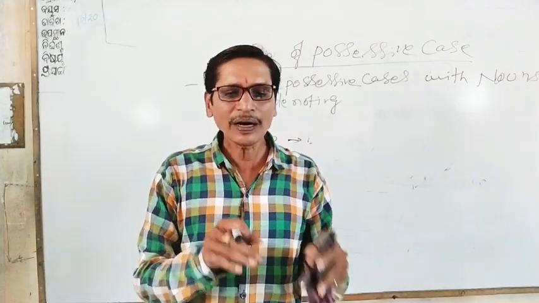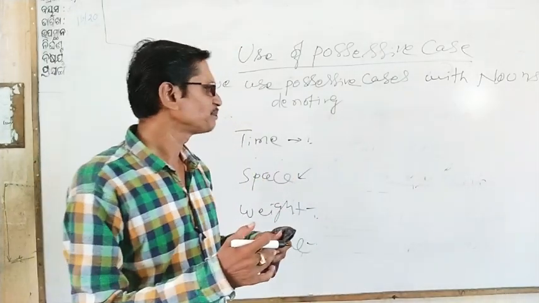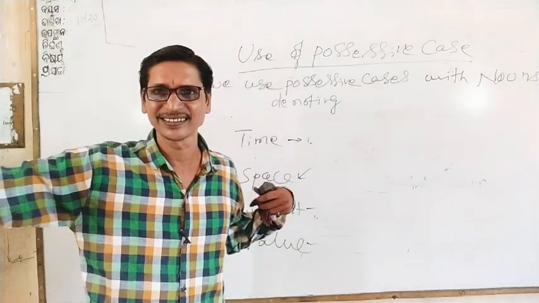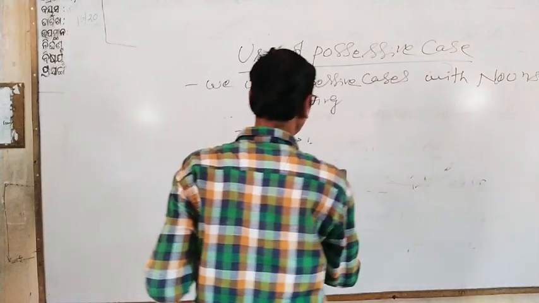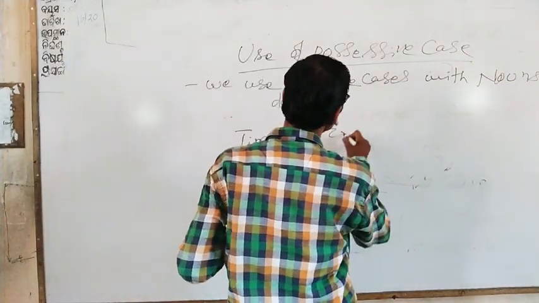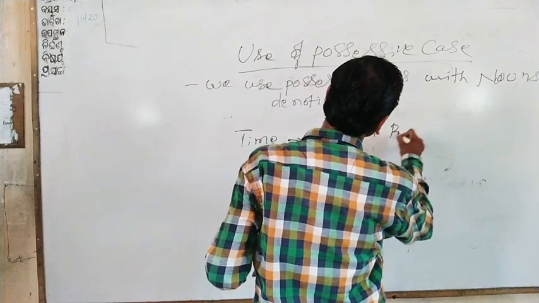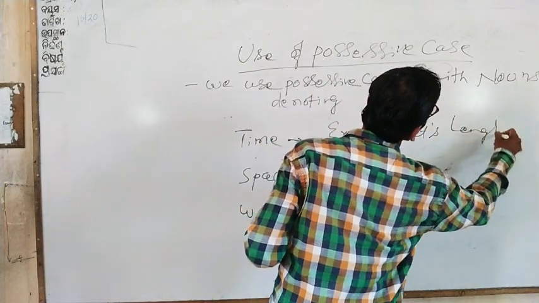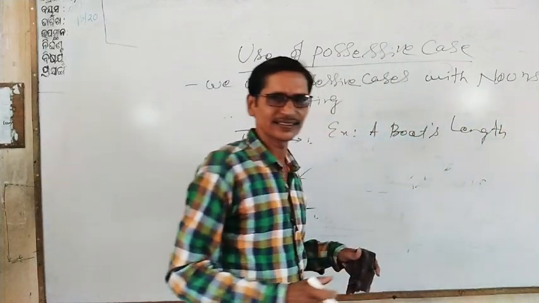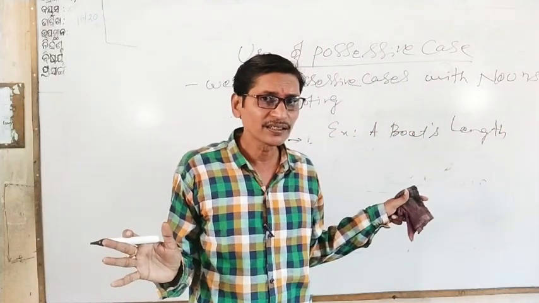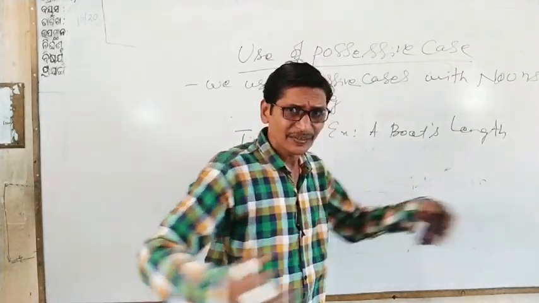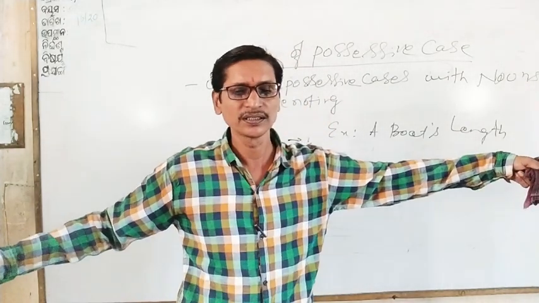Suppose we are talking about a length, for example, a boat's length. Boat's length. That means we are comparing over here. Whatever the length is compared with the length of the boat.